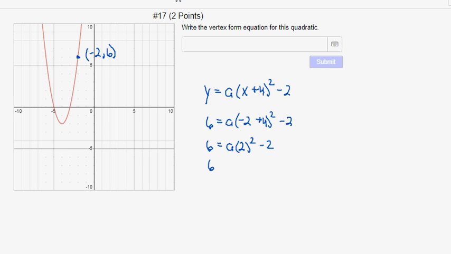Now 6 equals 4a minus 2. So 8 equals 4a. So 2 equals a. So that is where I got the 2 from. I didn't make that as clear as I should have when I first went through it. So again, that is how we get our y equals 2 times x plus 4 squared minus 2. And now this video is officially done.